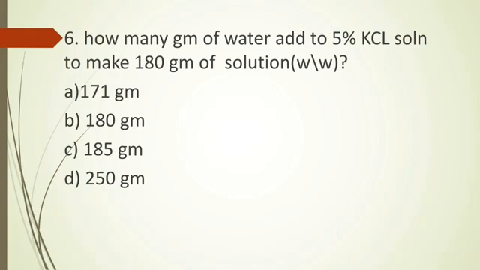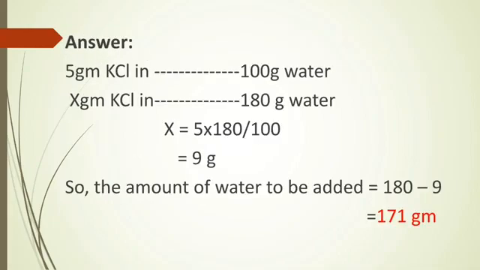But here the question is how many grams of water to be added to make 180 gram. So this 9 gram means 9 gram potassium chloride in 180 gram solution. We have to find out how much water is to be added. For that we have to subtract this 9 from the total quantity, that is 180. So the answer will be 180 minus 9, equal to 171 gram water to be added to make 180 gram solution.